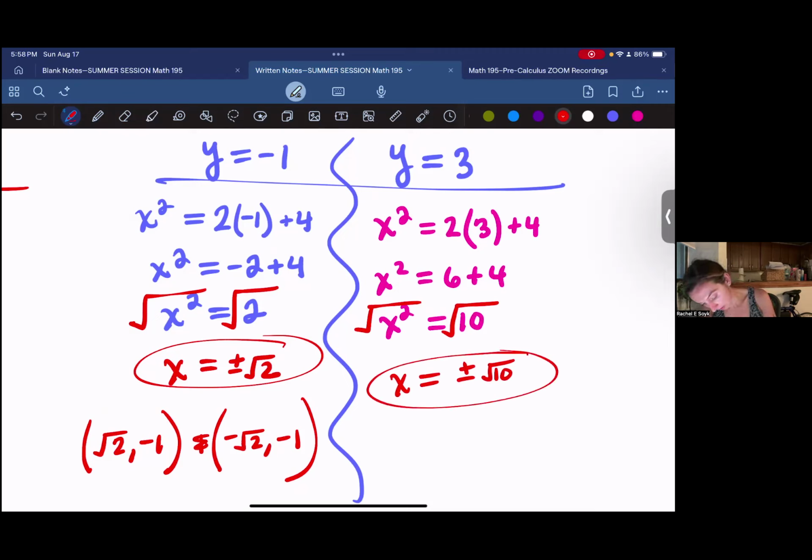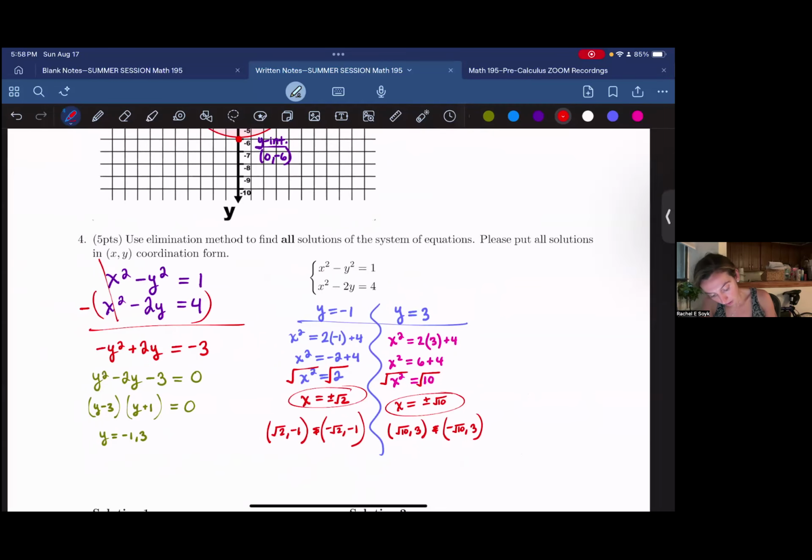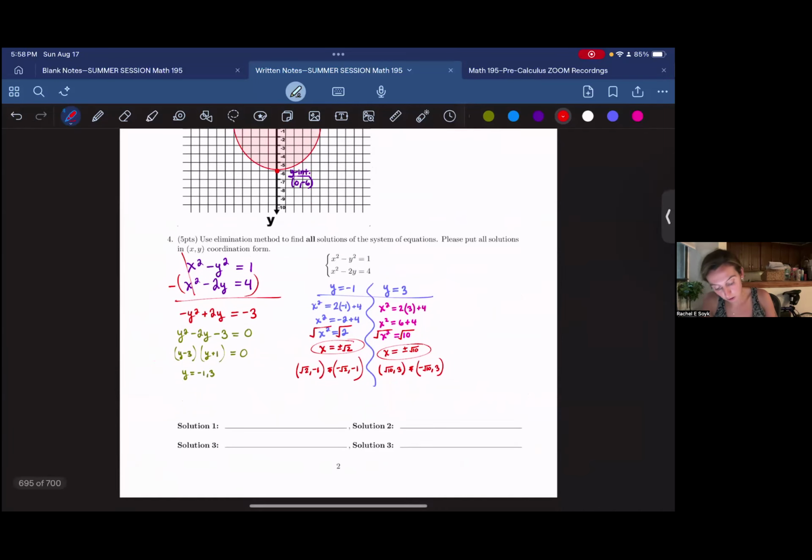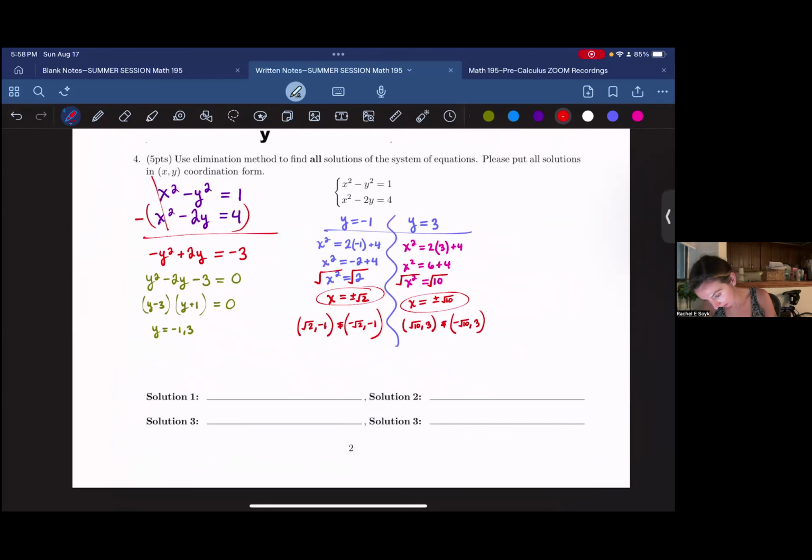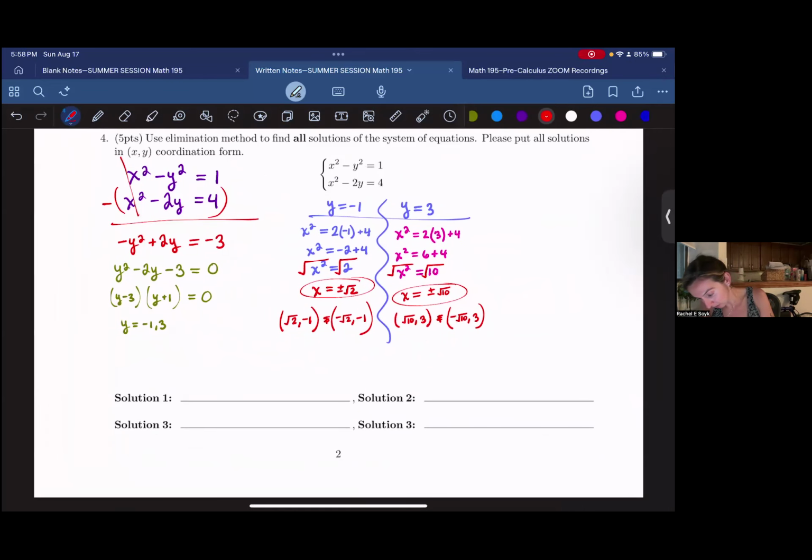And so this tells us that our two coordinate points when y equals 3 are the square root of 10, comma 3, and negative square root of 10, comma 3. And there we have it, our 4 solutions to these systems of nonlinear equations.